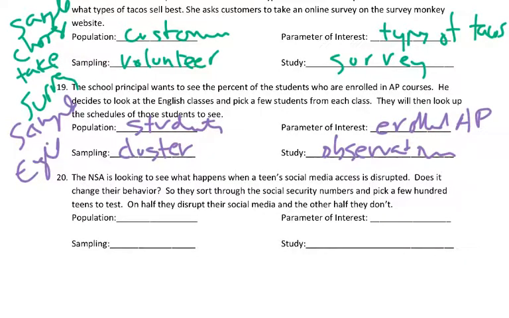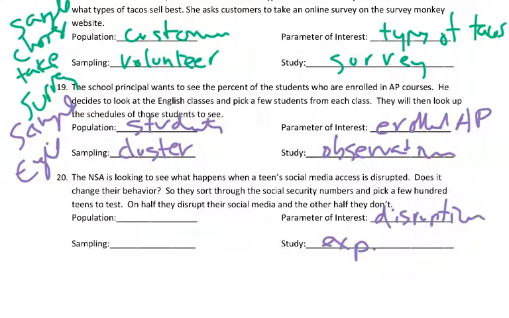Okay, number 20. The NSA is looking to see what happens when a teen's social media access is disrupted. Does it change their behavior? So they sort through the social security numbers and pick a few hundred teens to test. On half, they disrupt their social media, and the other half they don't. Okay, so it would be an experiment because they're affecting them. You know, parameter is a disruption.